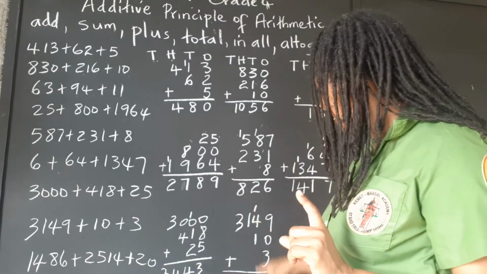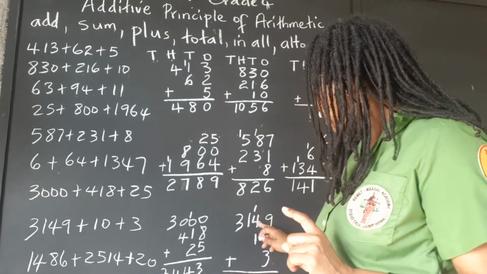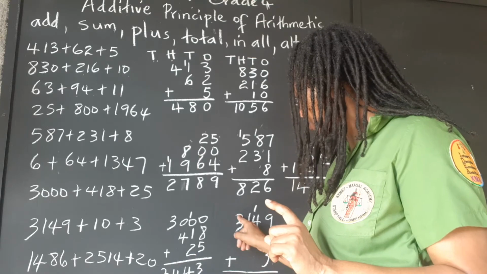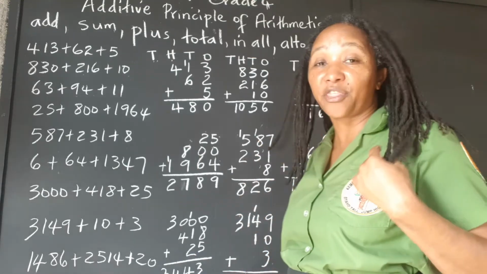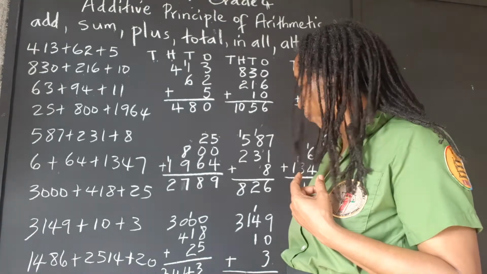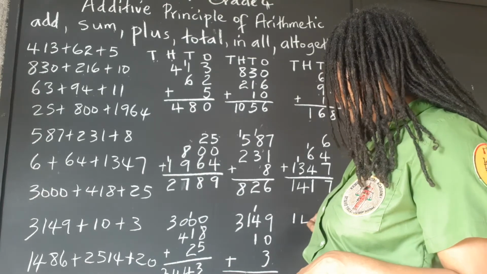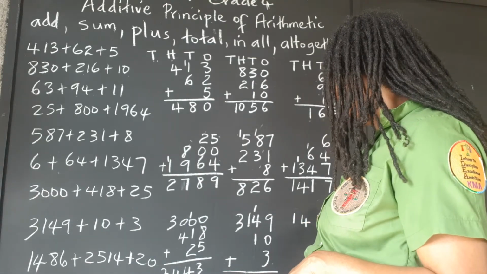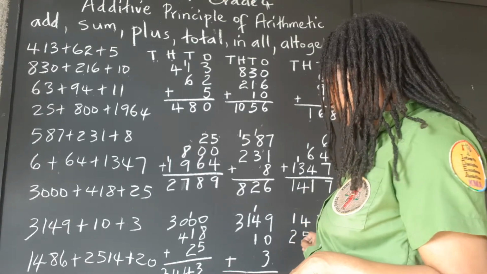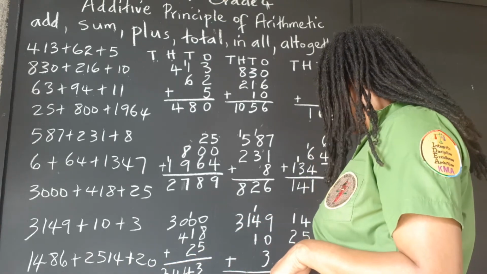We put that under the tens place and 2 units are left. 1 plus 4 is 5, plus 1, 6 tens, 100, 3,000. So that's 3,162. Alright, so we have 1,486, 2,514, and we have 20.